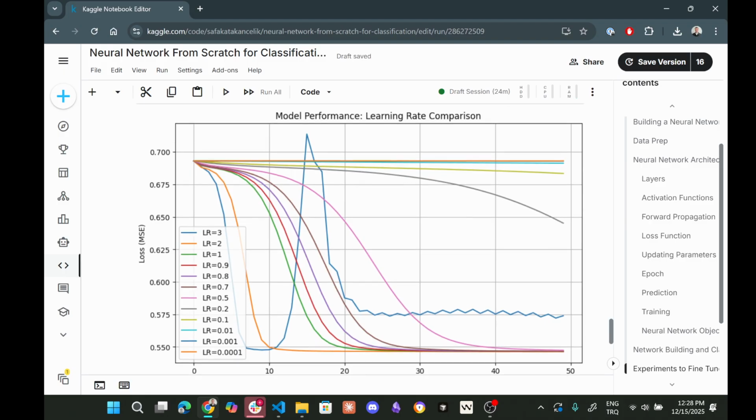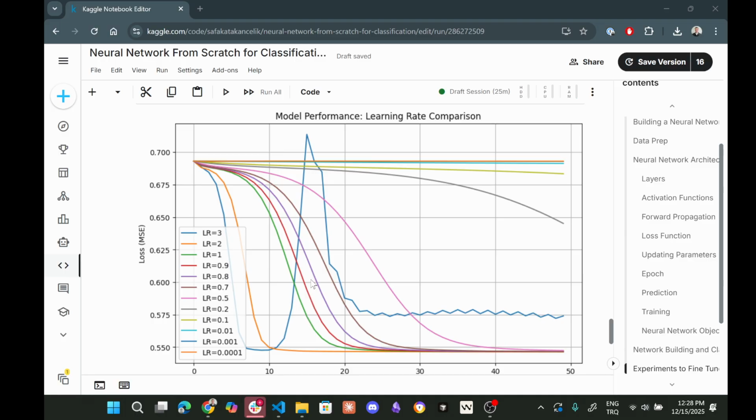In this one, I plotted the learning rates from as small as this to as big as 3. Usually this is what we see in real learning, but I decided to go with an aggressive learning rate, which is 2, and the reason is that the plot is quite good, and in my test it turned out to be good.